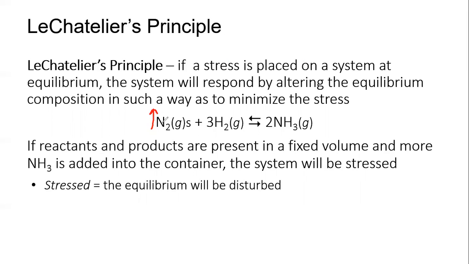And so as we'll learn, when you add a reactant to a system already at equilibrium, it's going to shift to make more product. Another example could be if we decrease the amount of product, how will that stress be minimized in order to reestablish equilibrium? So if we remove a product, it's going to shift to make more product.